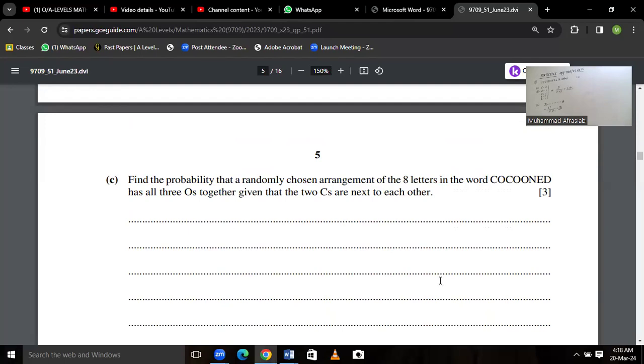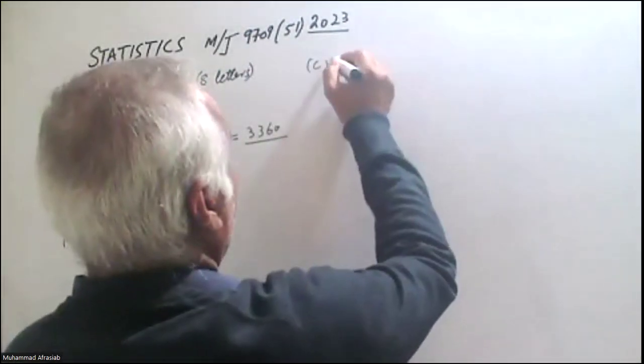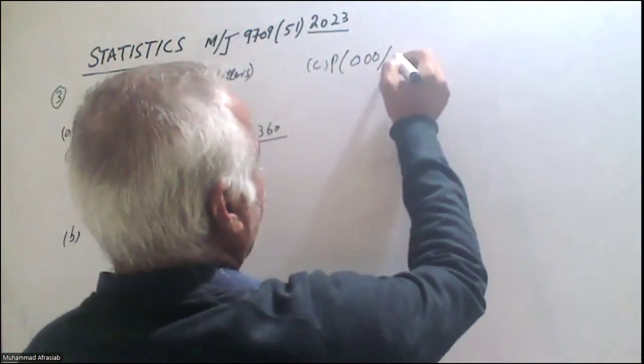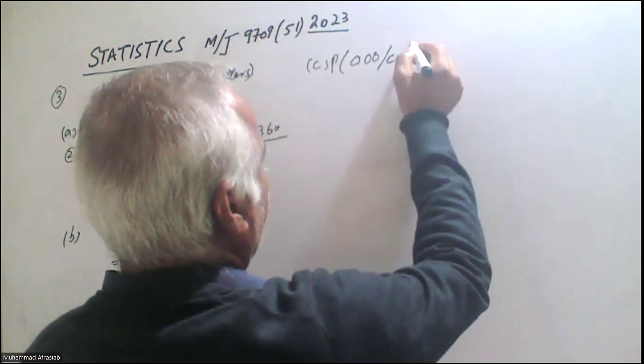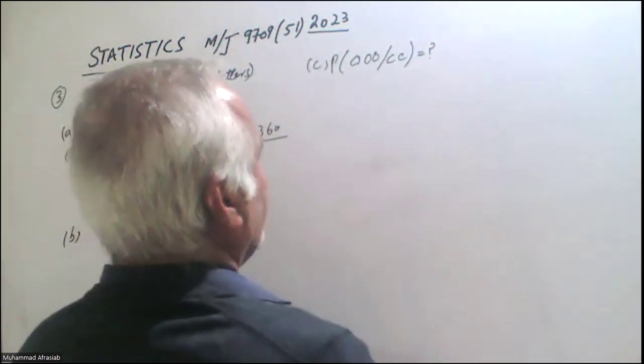So it is given that 2 C's are next to each other and all O's are together. So we can have this option. Probability of all O's being together, given that 2 C's are together. And you are going to find out the probability of that option.